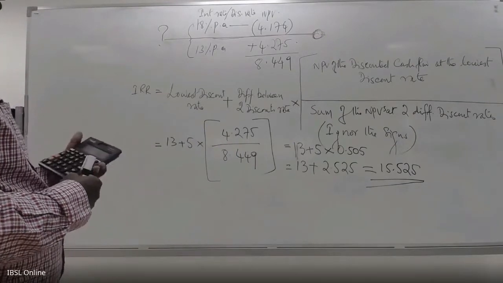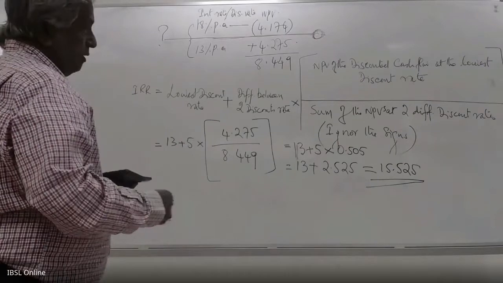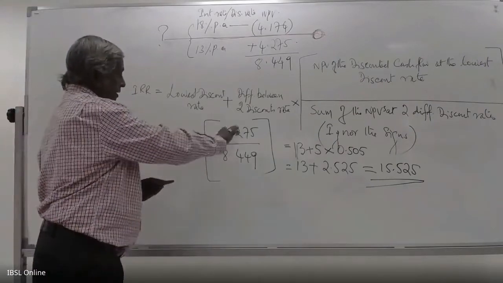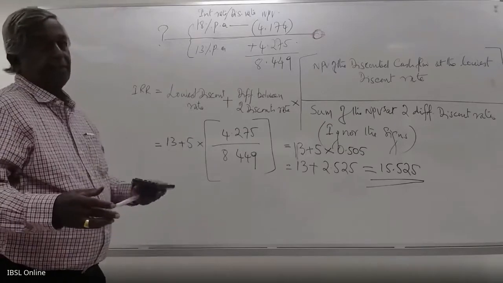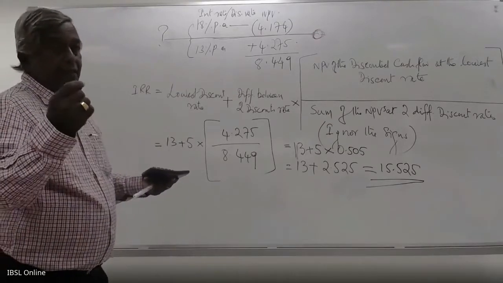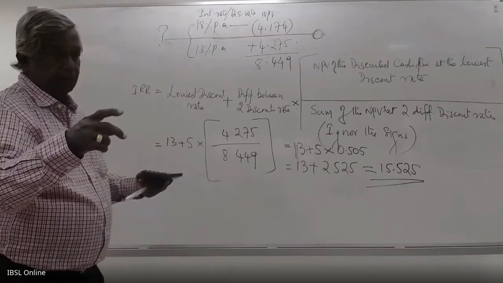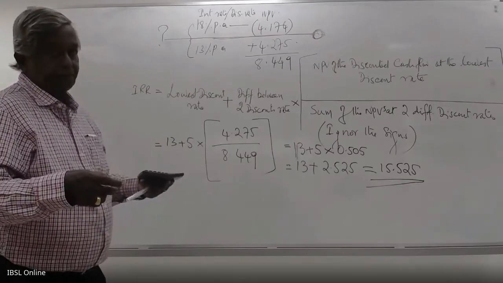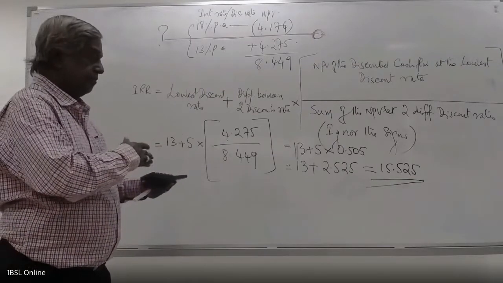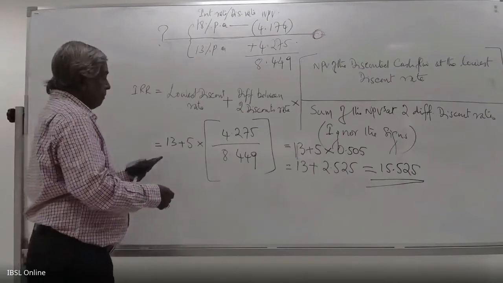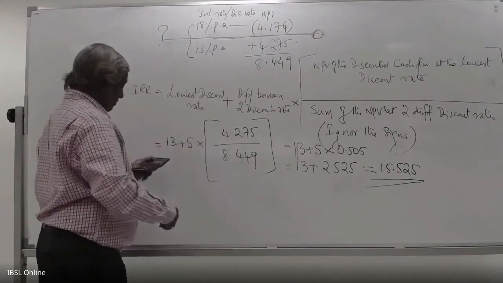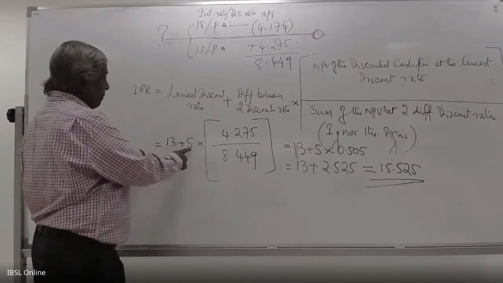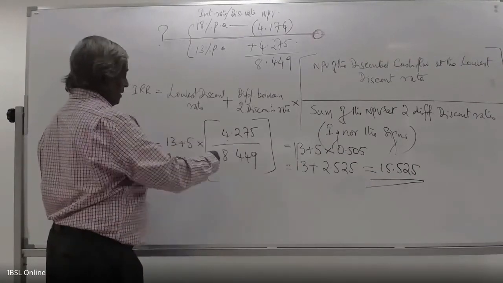When you solve this formula, first you do within the bracket: within the bracket, multiplication, then the division, then outside. Sometimes people add 13 plus 5 and then multiply.